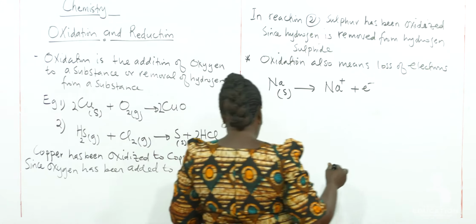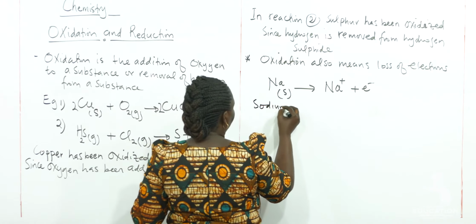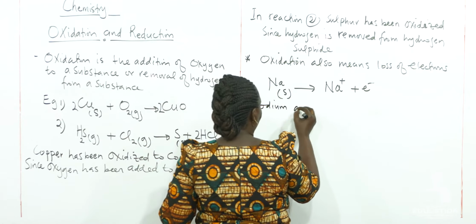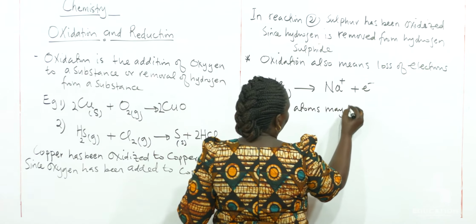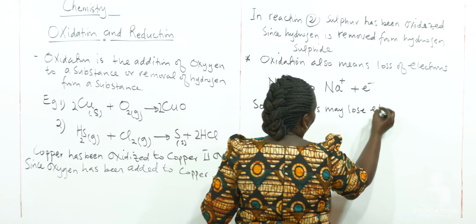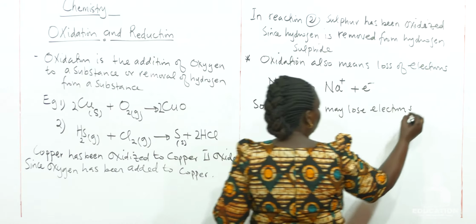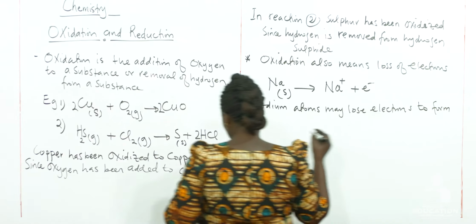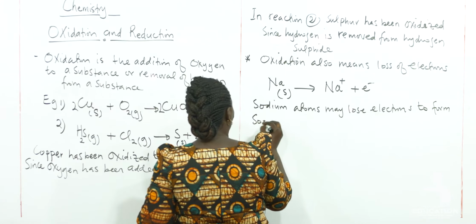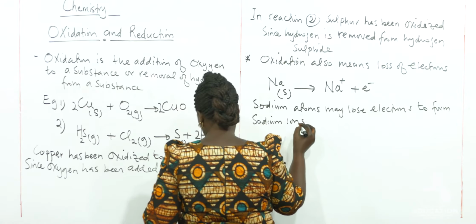So sodium atoms may lose electrons to form sodium ions.